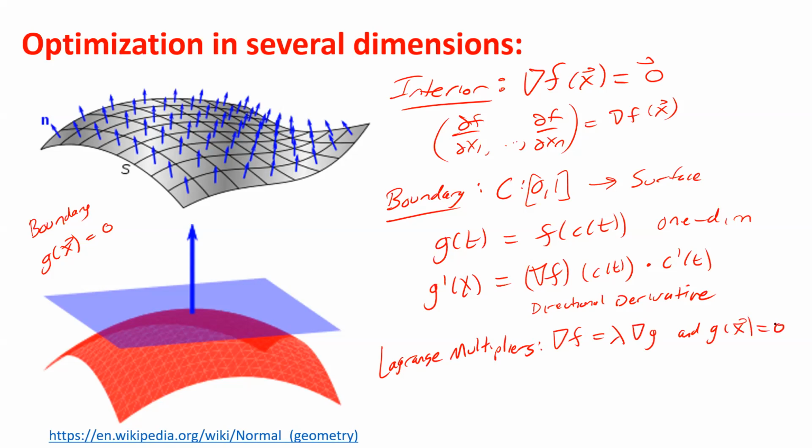If we have n variables, when we add lambda, we would now have n plus 1 variables, x1 through xn and lambda, and we would have n plus 1 equations: df/dxi equals lambda dg/dxi, and g of x equals 0.